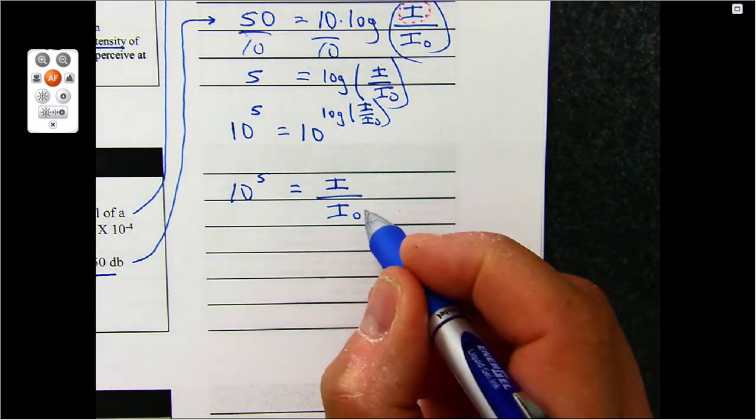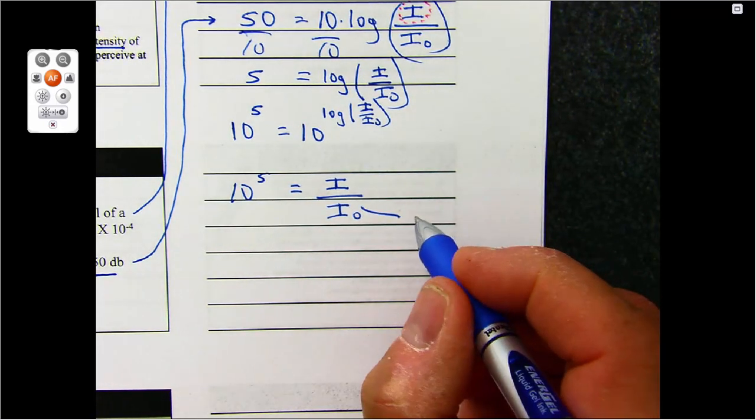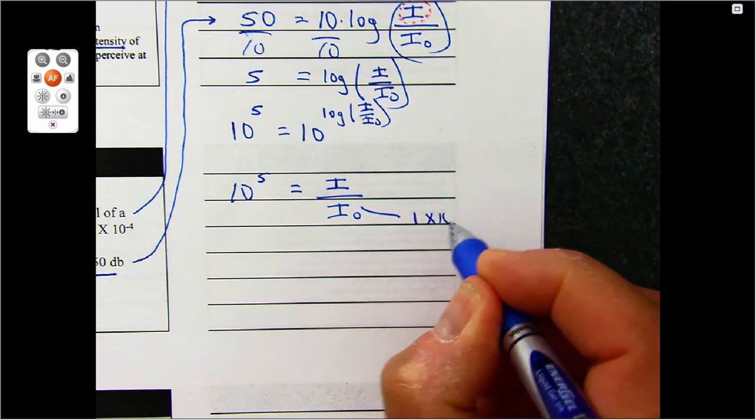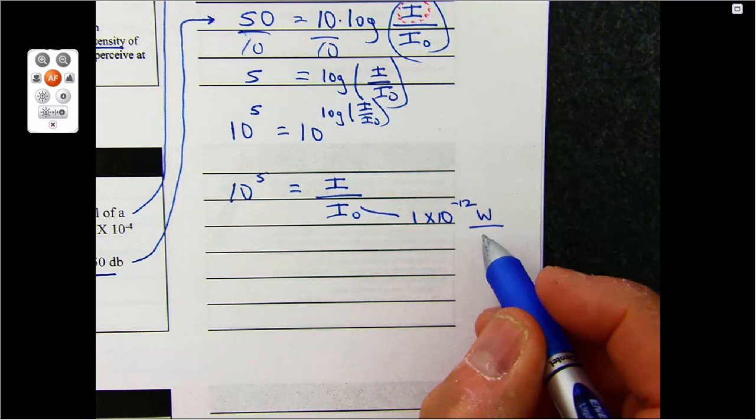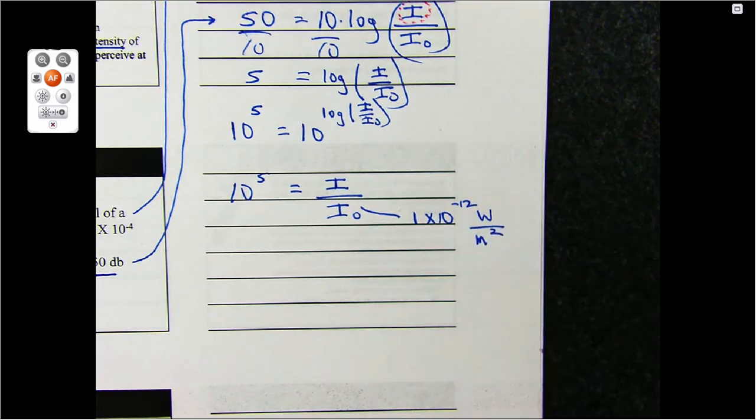Then my threshold intensity right here is 1 times 10 to the minus 12 watts per meter squared.